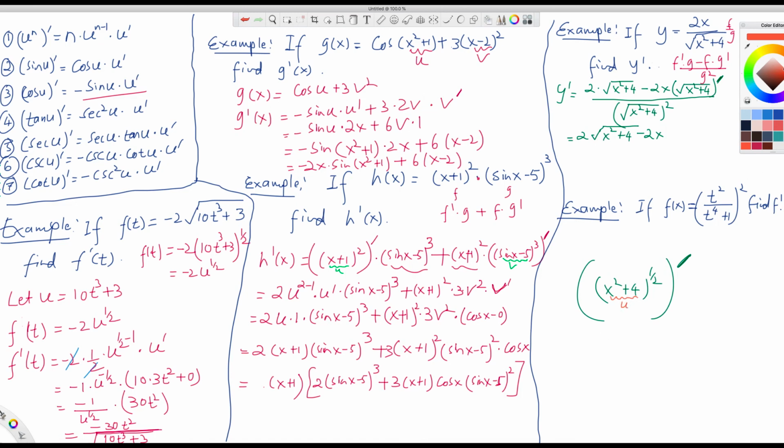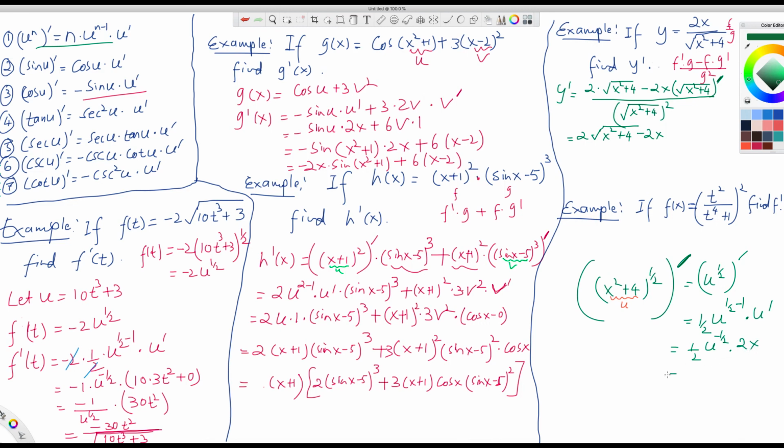Basically what you have is u to the 1/2 and then prime, right? What is the formula for that? You use formula number 1 there. That will be 1/2 and then u to the 1/2 minus 1 times the u prime, right? So 1/2 and then u to the negative 1/2 times, what is u prime? U is x squared plus 4. So that will be just 2x.